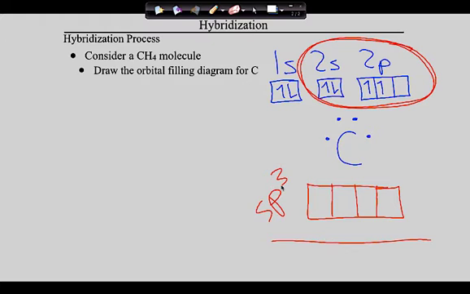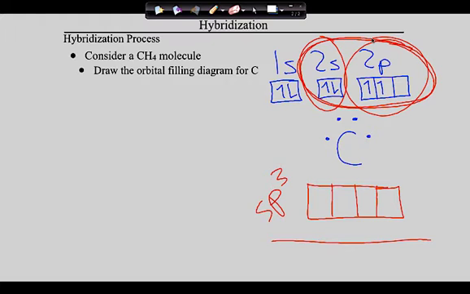So where does the name come from? The name comes from the pairing of orbitals that created the children. So we put in 1 s and 3 p's. That's where the sp3 comes from. If you put in 1 s and 3 p's, you get out 4 orbitals and they all look exactly the same.